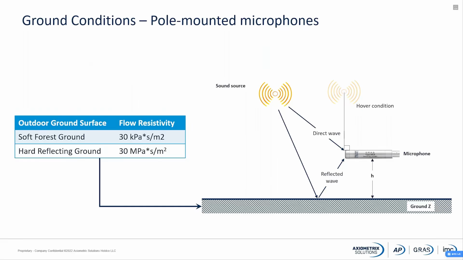So we did another simulation using COMSOL, where in one case we had soft forest ground, which has a low flow resistivity value, and then we had a hard reflecting ground with a 1,000 times higher resistivity. So this experiment would show whether we have the same issues with a soft forest ground compared to the hard reflecting ground.